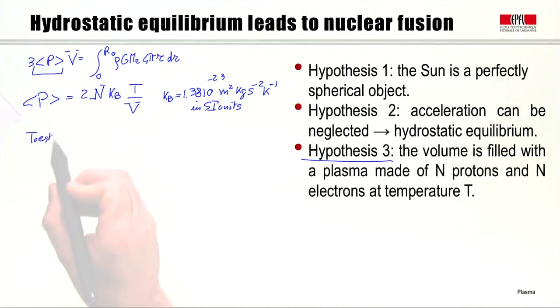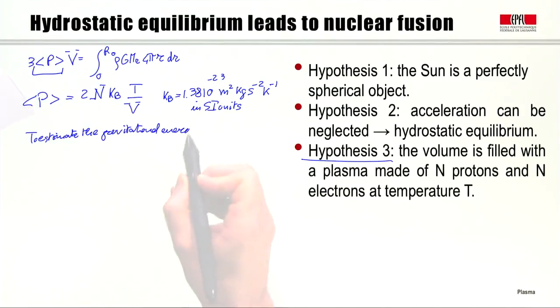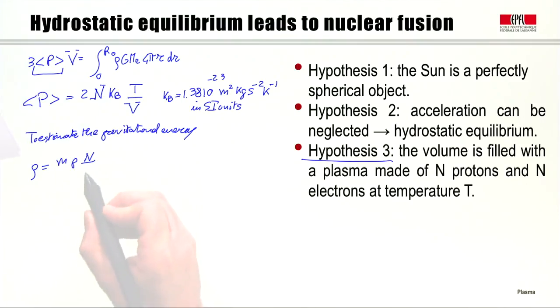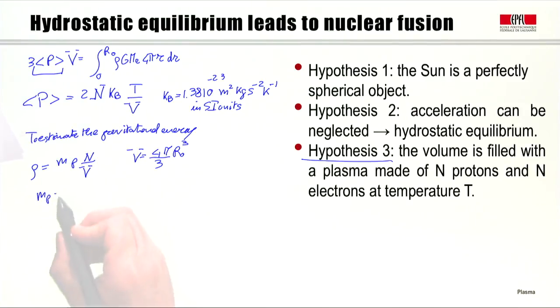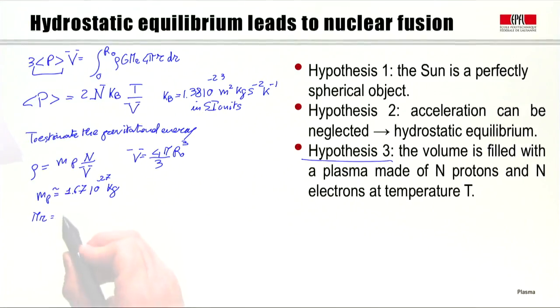Let's make the following approximation, that the mass density is constant, and we can therefore write it in the following form, where n is the total number of protons inside the Sun, V is the total volume of the Sun, and m_p is the mass of a proton, which has the following value in SI units. And then let's compute the total mass inside the spherical shell at a distance r in the following way.